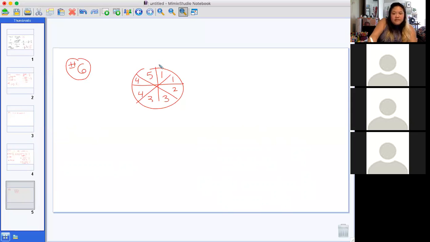And then half of these are shaded: this one, this one, this one, and this one. It's saying to figure out the probability that when you spin, it's going to point to an even number, given that it points to a shaded region.